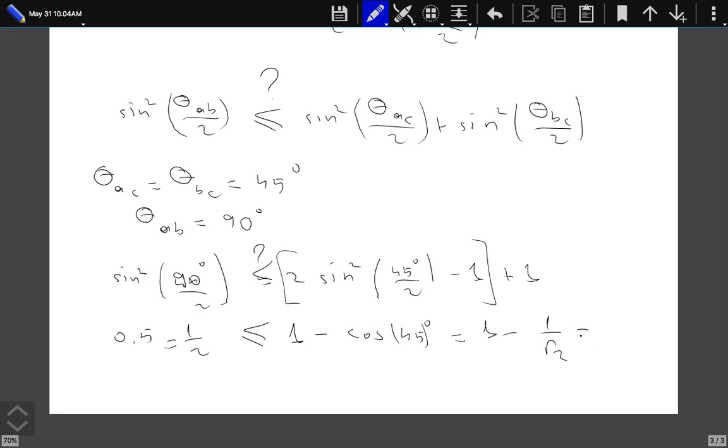The right-hand side is approximately 1 minus 0.7, which is 0.3. So 0.5 is less than or equal to 0.3? Of course, in quantum mechanics, such an inequality does not hold.